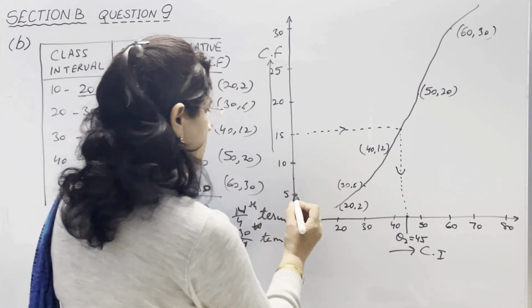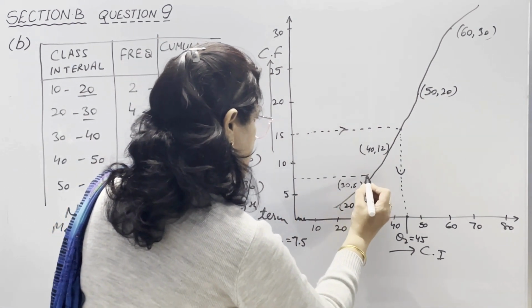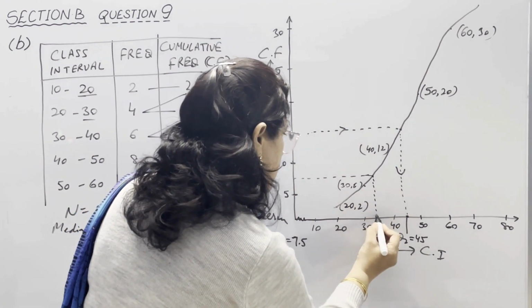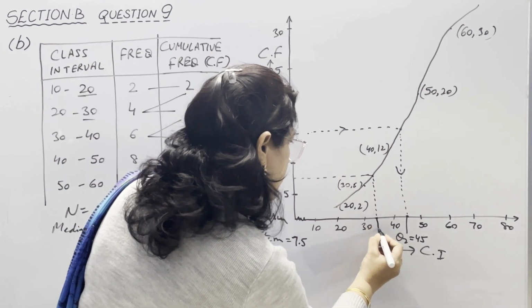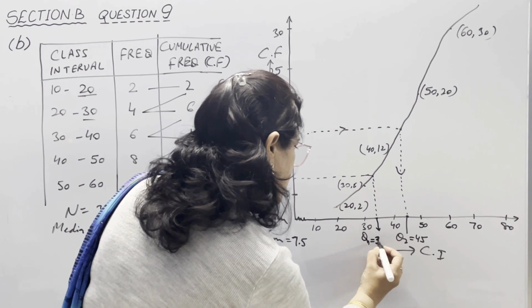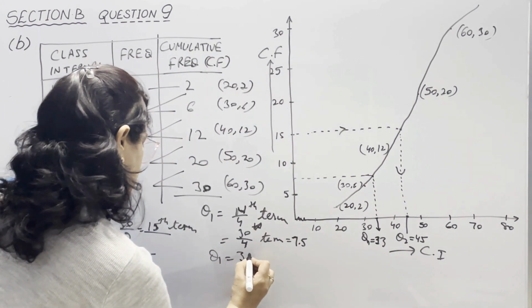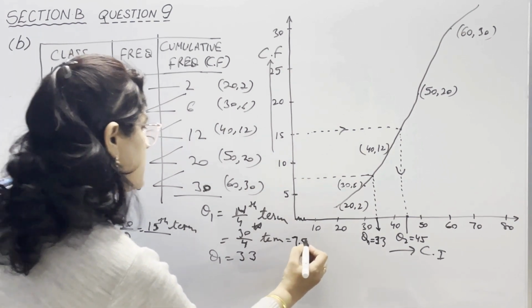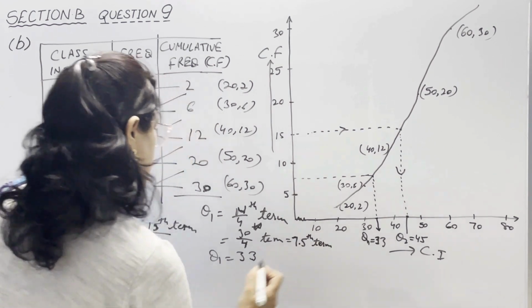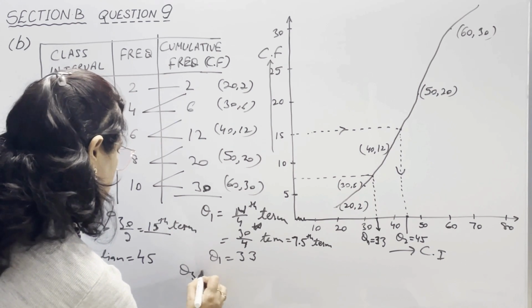In between, we will get this value 7.5. So 7.5 will go like this, and then we will come down, and this value of Q1 is 33. So the value of Q1 is 33 on the 7.5th term.